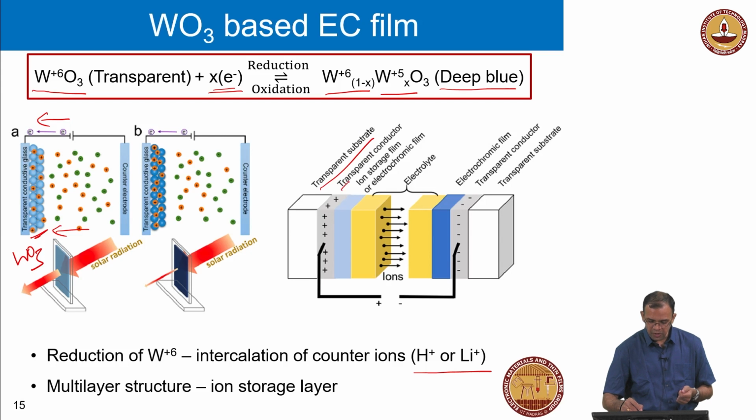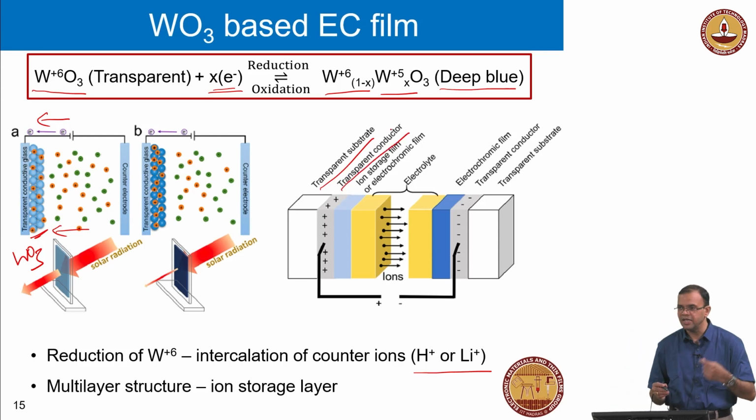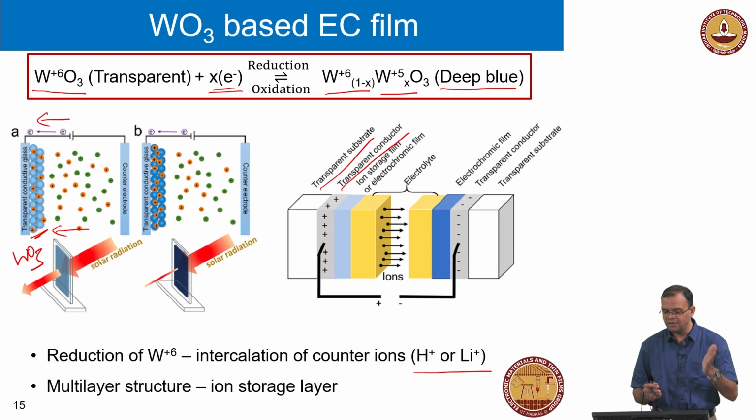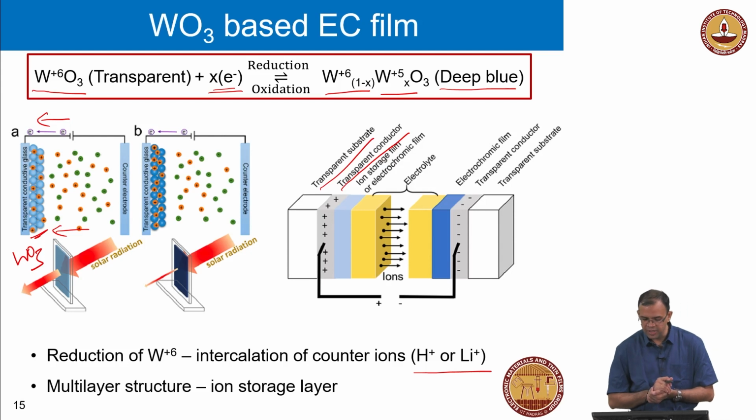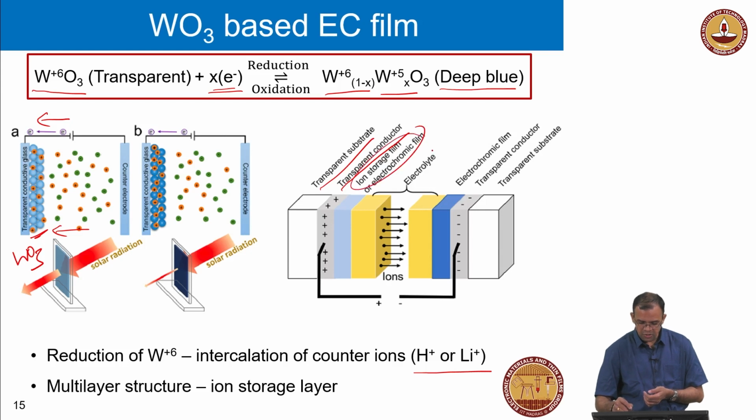You need to have charge carriers move in and out, so I need some transparent conductors, typically ITO or FTO, essentially transparent metal oxides. You have an ion storage or the electrochromic film. Then you have an electrolyte, which is usually a solid state electrolyte, because you want this to work in the solid state. Then you have an electrochromic film again.